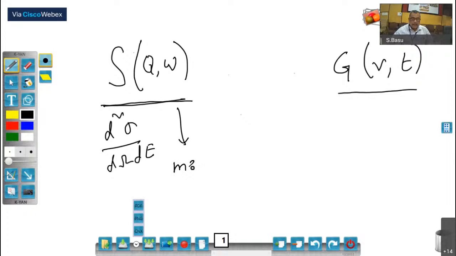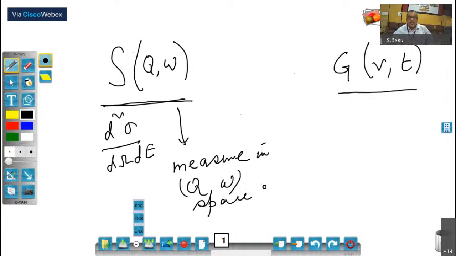So this is what I measure. I measure in q, omega space. And what I want to know is g of r, t, how the system behaves in real space and time.